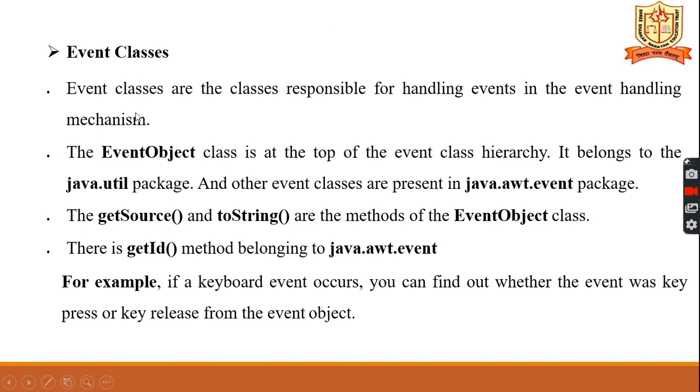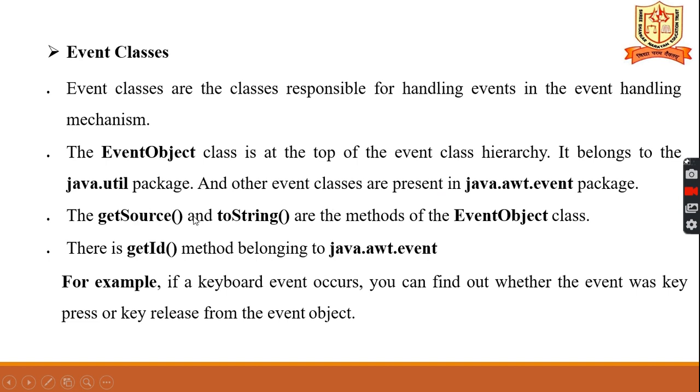Event classes are the classes responsible for handling the event in the event handling mechanism. The EventObject class is at the top of the event class hierarchy. It belongs to the java.util package, and the other event classes are present in the java.awt.event package.